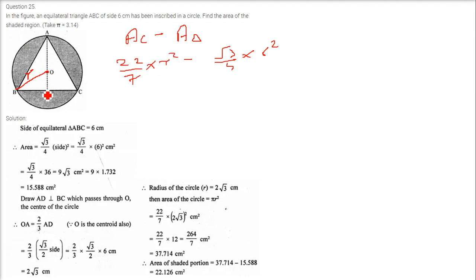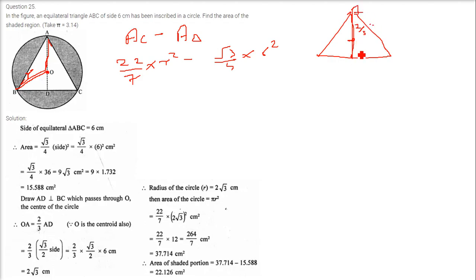So we are drawing a perpendicular here, and this point, because this is the radius and this is also radius, so this is the radius. So if we have an equilateral triangle, and we drop a perpendicular, this length will be 2/3 of this height.